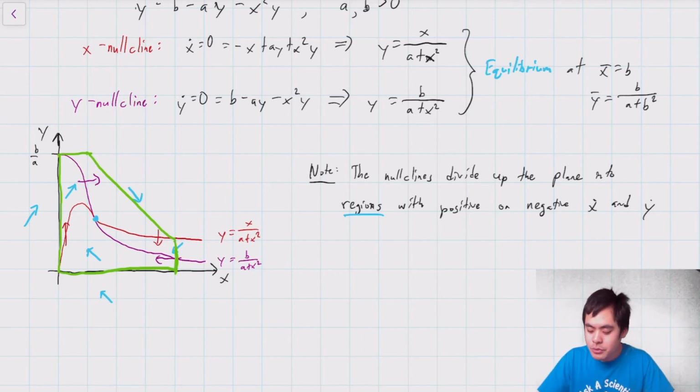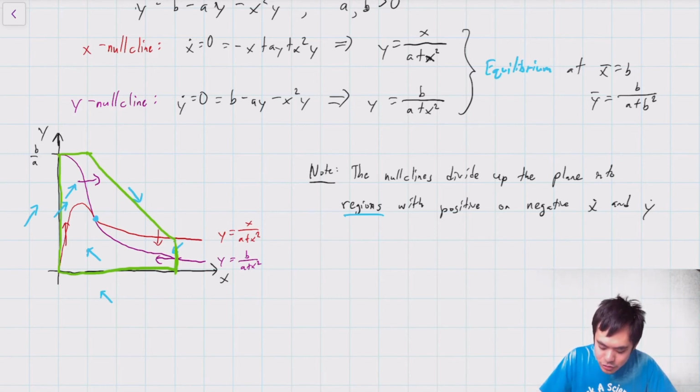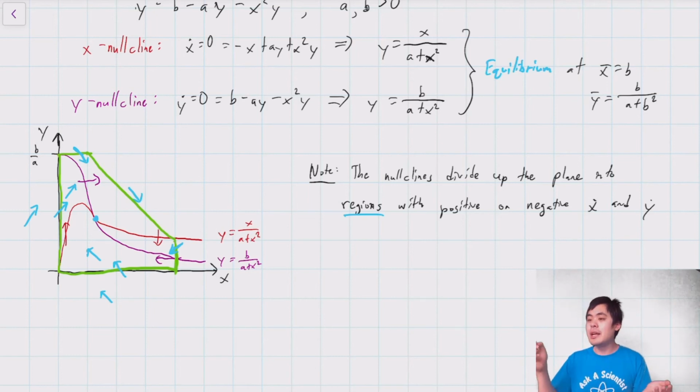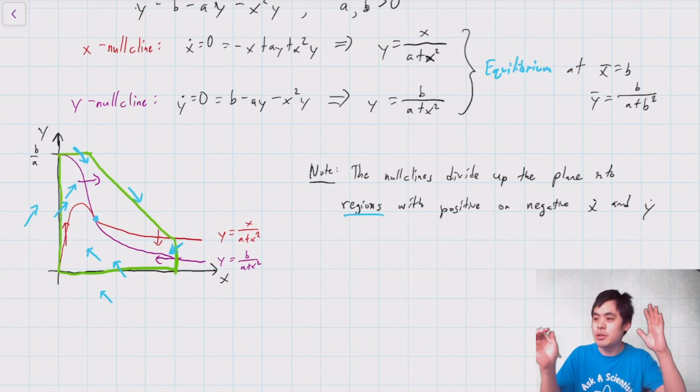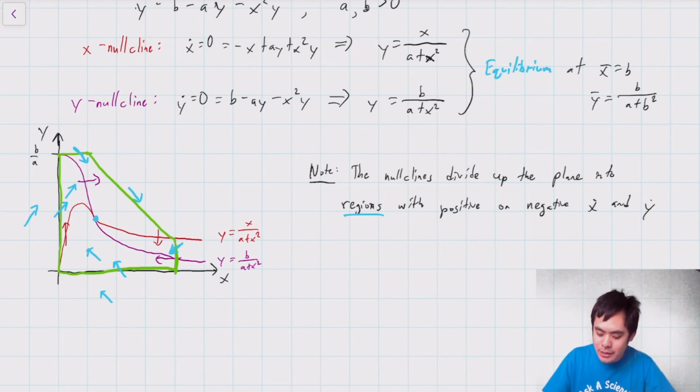So how do we show that? Well, the easiest part is that because we've already divided this up into regions, we know that everything along this line goes up and to the left. Everything on this line goes down and to the right. Everything on this line goes down to the left, and everything on this line goes up and to the left. So we already know that it won't leave the box in those different regions, and we need to double check that it won't leave it along this diagonal line.